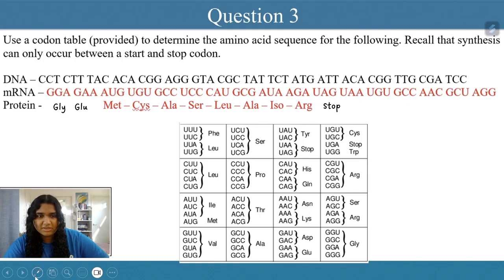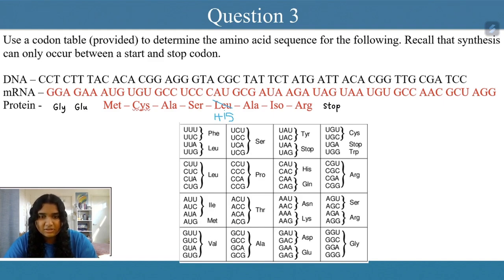Whoopsie, that should say his. Is this UCC serine? CAU, yeah, that is definitely not LEU. That's his. Sorry about that, guys.